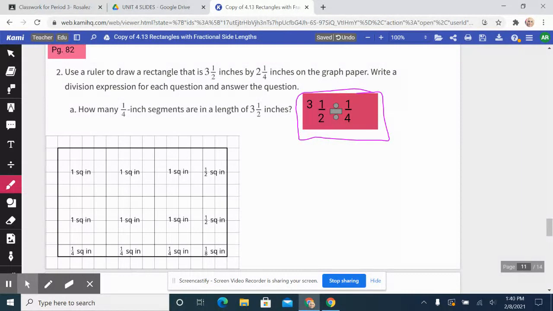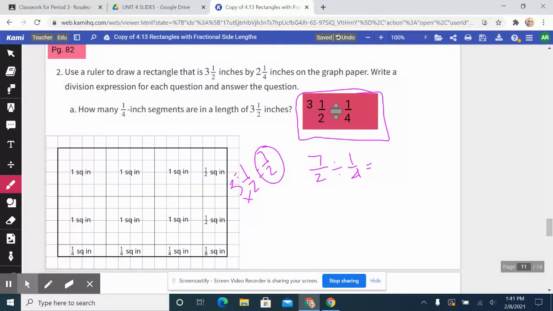So 3 1/2 divided by 1/4. Remember that you were already taught this, but a little side note, 3 1/2: you're going to multiply and add because we need that as an improper fraction. So 3 times 2 is 6, plus 1 is 7. So we're going to use the fraction 7/2. I'm going to rewrite this: 7/2 divided by 1/4.